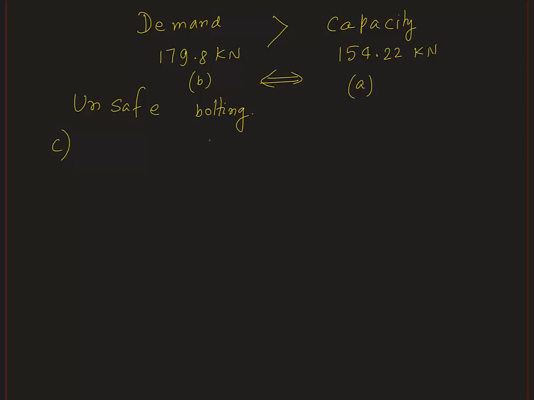My bolt will be safe only if the capacity provided by the bolt is greater than or equal to the demand, and this can be satisfied only if I reduce my Q value. So I have to reduce Q. How can we reduce Q?